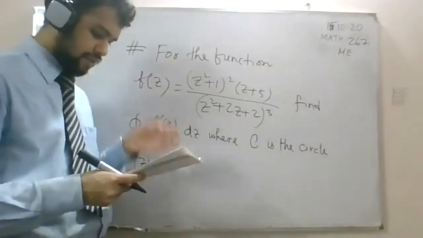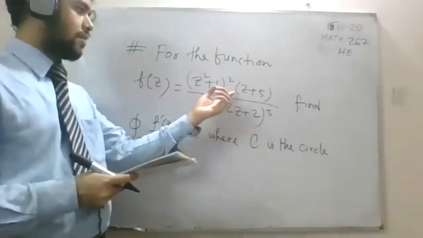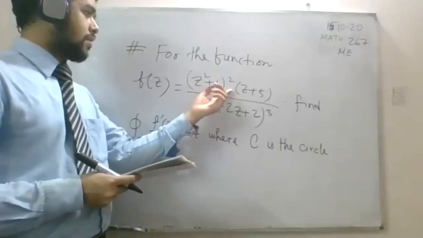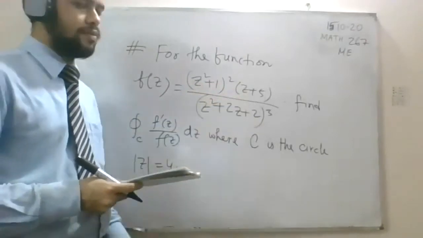So it is a similar math, just I multiply here z plus 5.